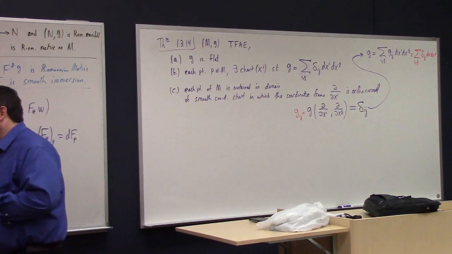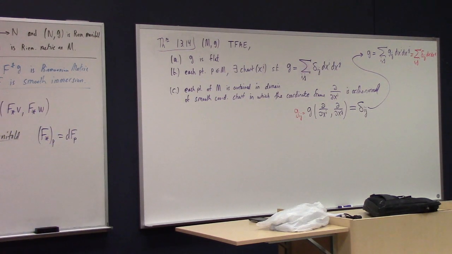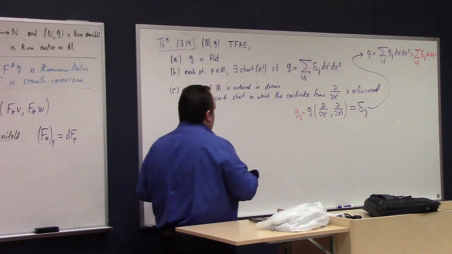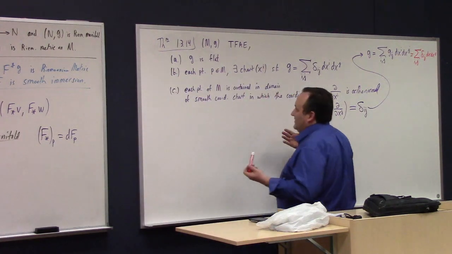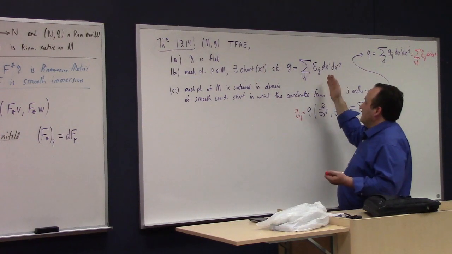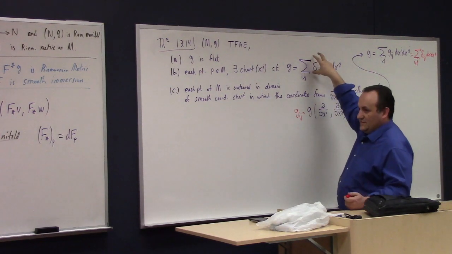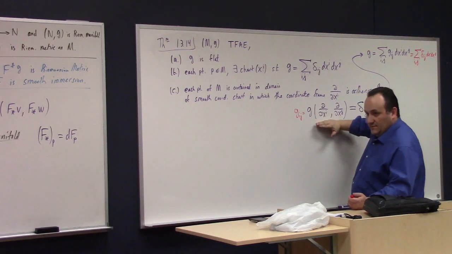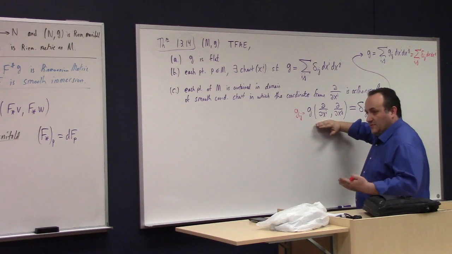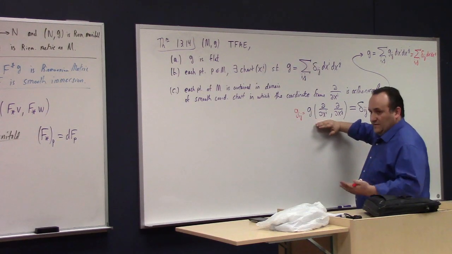And I think it goes both ways, actually, if you think about it for a minute. To say that there's a chart where this happens, the meaning of these coefficients is exactly that, by the interplay between tensor coefficients and how they're defined in terms of their action on the basis.